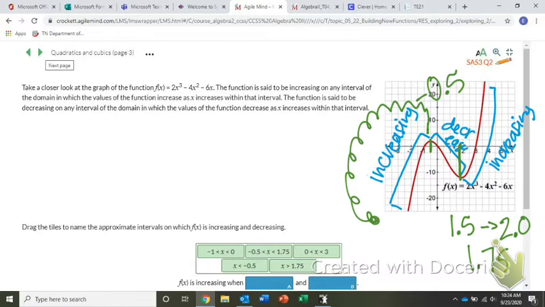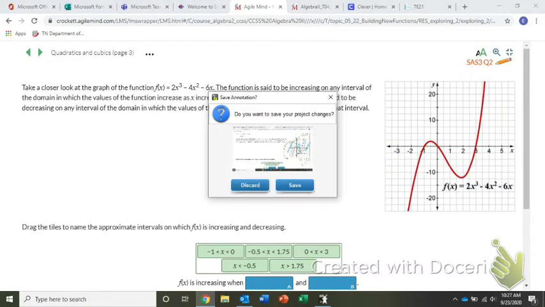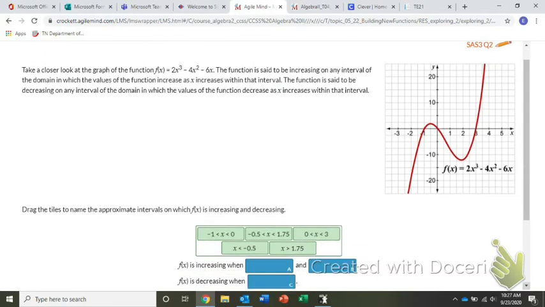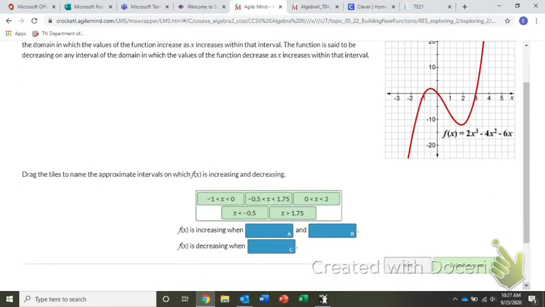But what was our green point on? Our green point was at negative 0.5. So, it increases when x is less than negative 0.5.